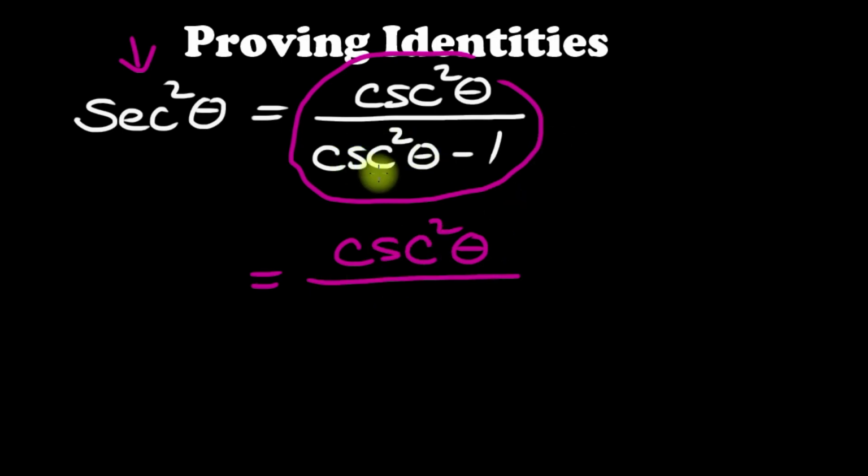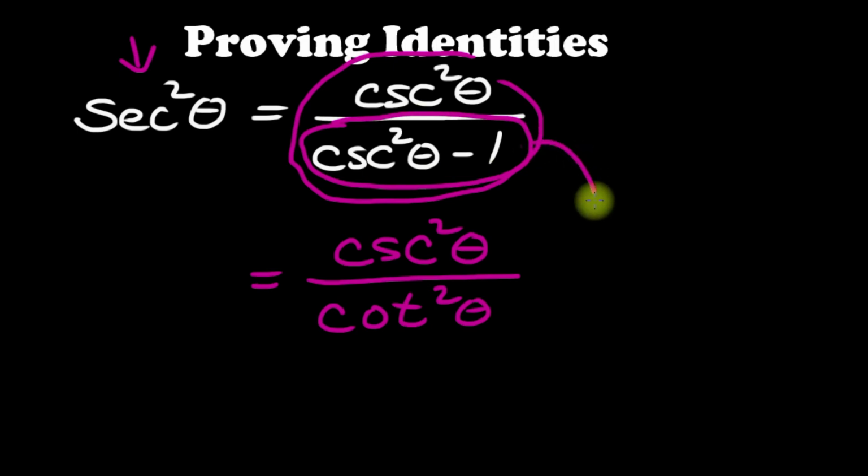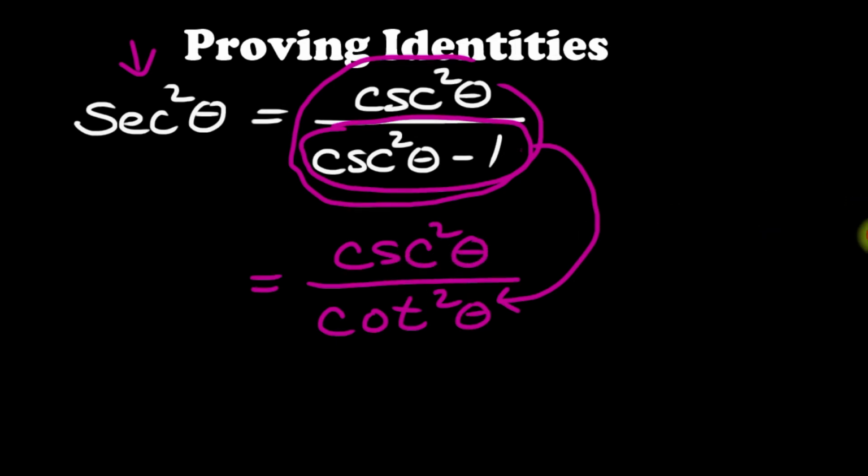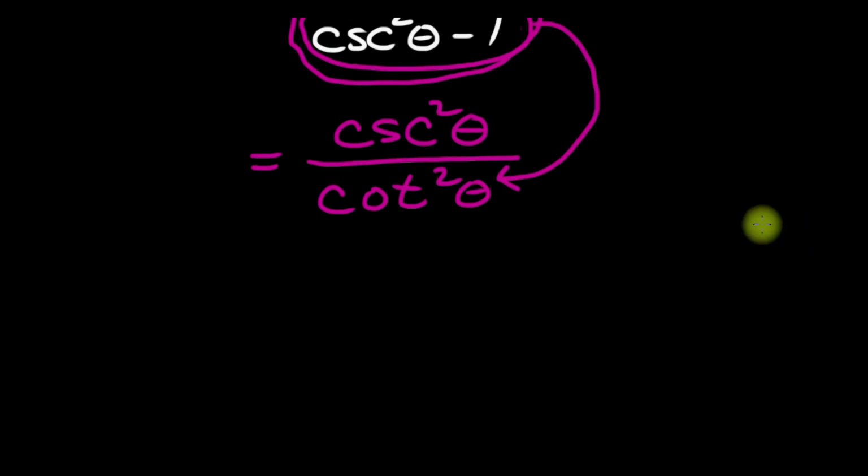But here, cosecant squared minus 1, from the Pythagorean identity, is going to turn into cotangent squared, if you go back and look at the Pythagorean identities. Now we're just going to break these down into sines and cosines. Cosecant squared is going to be 1 over sine squared.